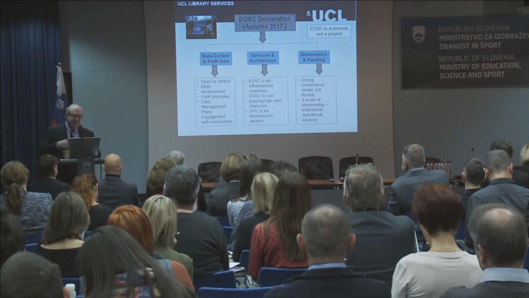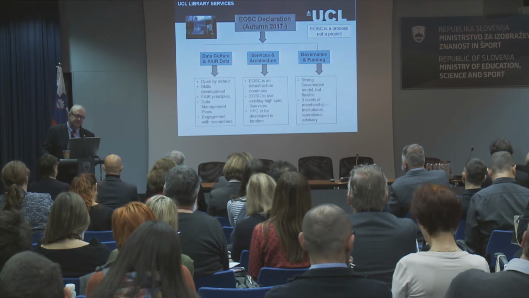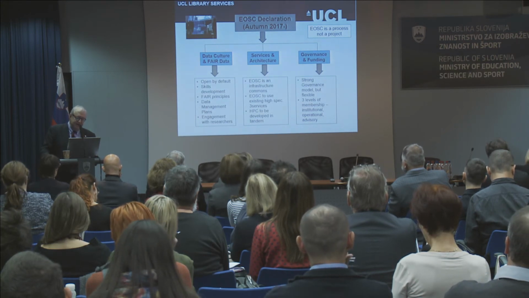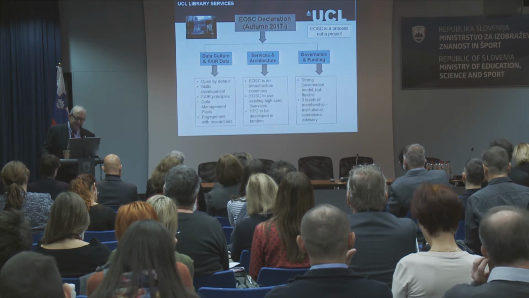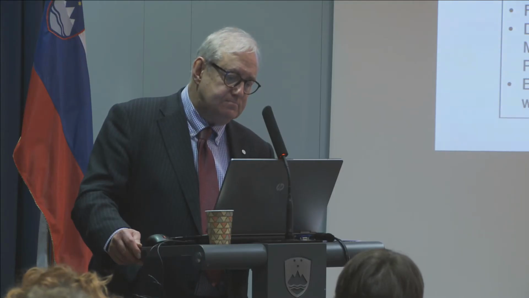What the Commission is doing to embed the European Open Science Cloud in the European research landscape is to issue a declaration, and this is underway now. They're gathering signatures for the declaration, and then it will go out for further signatures once the core group of signatories have signed.